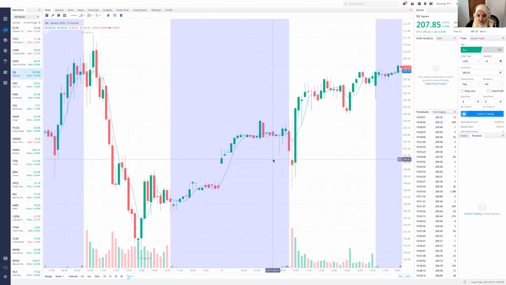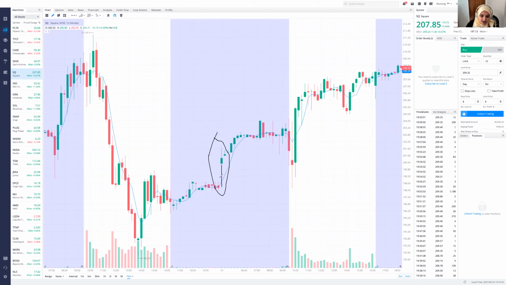Okay, so here we go. This one is Square. I'm going to use my little pen. This is a 15-minute candlestick chart. Do you see right over here? There's a section where there's a candle missing. Right here, the candlesticks are so far apart. Do you guys see that? They're not beside each other like everything else. This is called a gap.